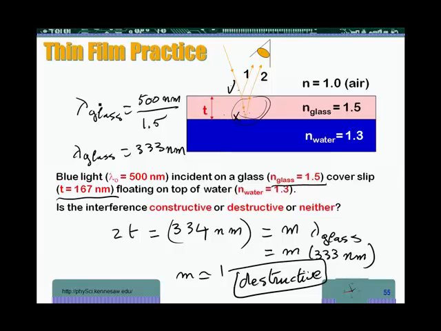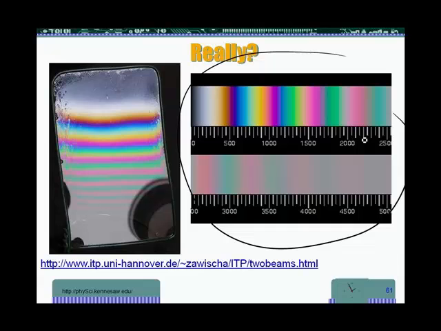So we go air, low, high, then low. So that's what we have. Low the air, film high, and then we go back to low.